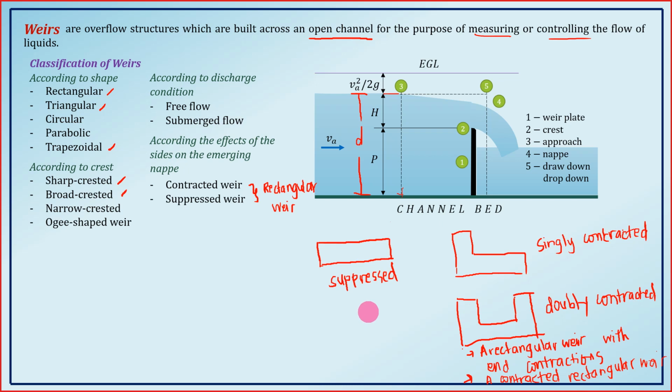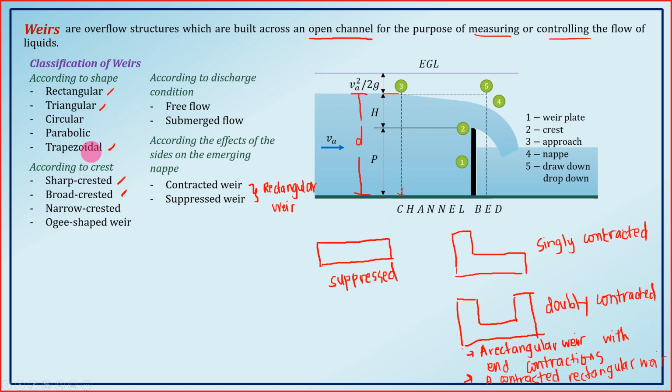Marami to by different na shape. Kapag rectangular, may mga nakalista tayong equations for Q, with different conditions pa din, kung considering the velocity of approach or neglecting. Then for triangular, pag triangular na yung weir natin, may iba pa rin niyang equation.